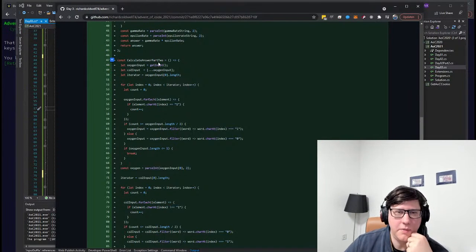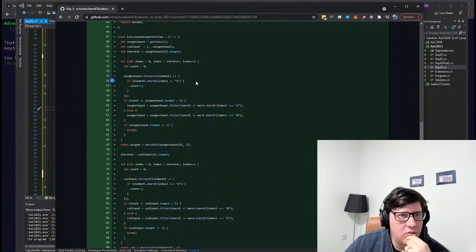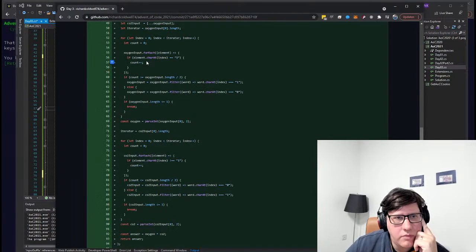Actually, for the other part, because I only had the end result as a string, I did the same, right? Let's see, CO2 input. Yeah, so you duplicated the inputs there as well. Determine the length, yeah. Also count the ones.